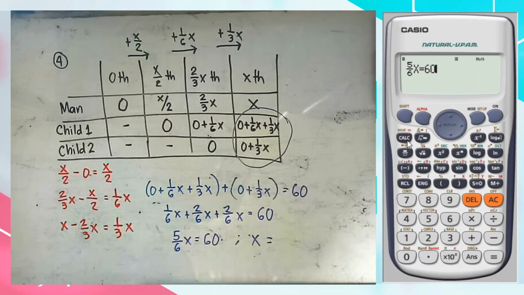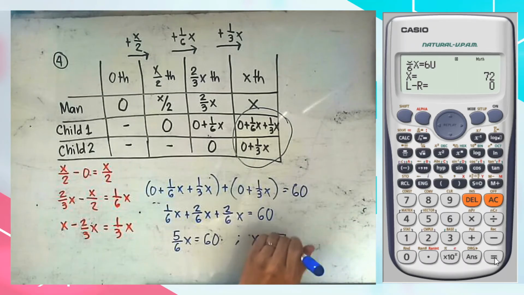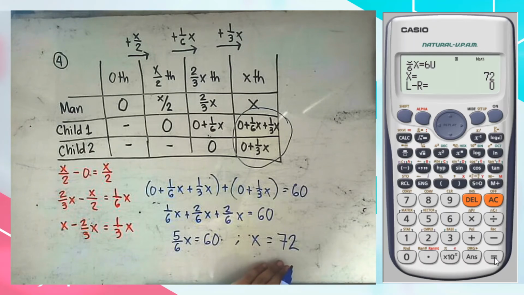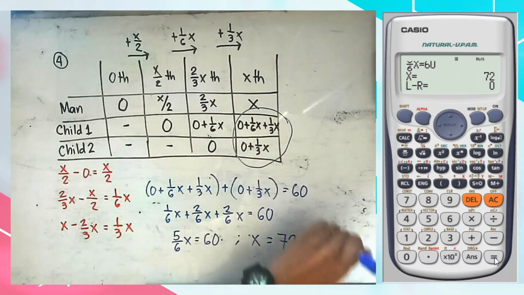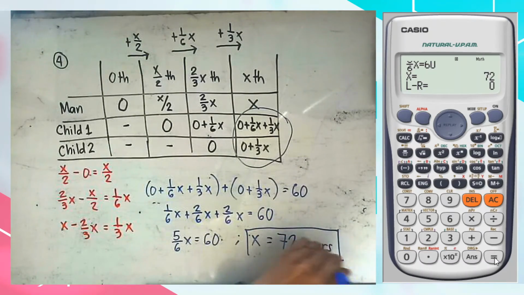So what is the answer? x equals 72. Therefore, the age of the man when he died is 72 years old. So that's the value of x.